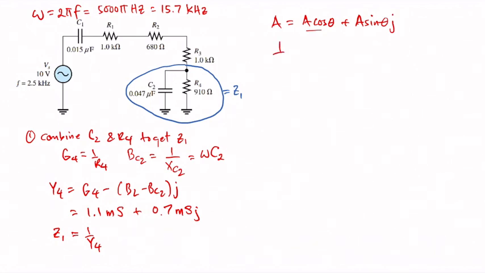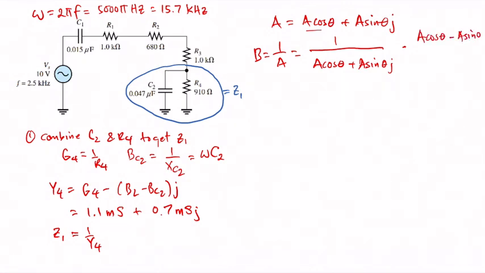And then we want to take the reciprocal of that number, which we equate to b, for example. What we're going to do then is write this down in the denominator, and then we multiply everything by 1, or a cosine theta minus a sine theta j divided by a cosine theta minus a sine theta j.